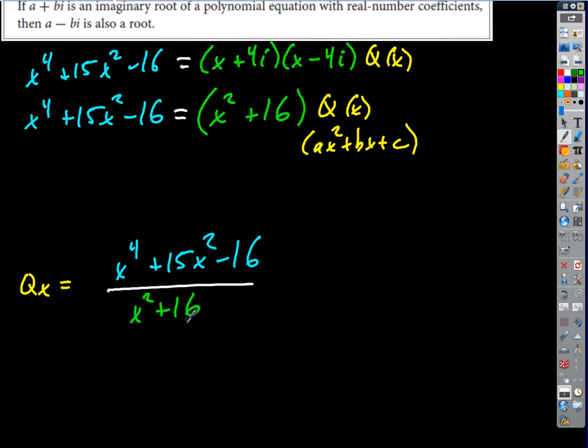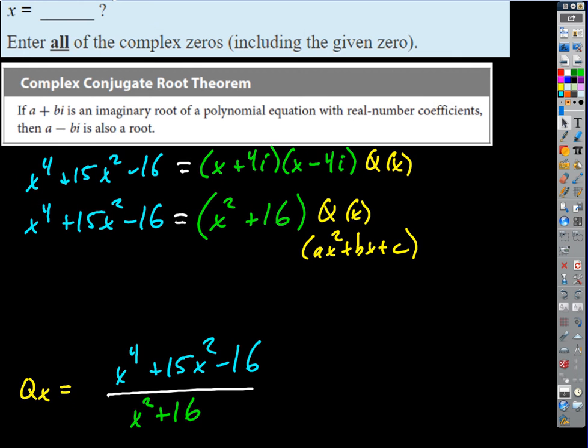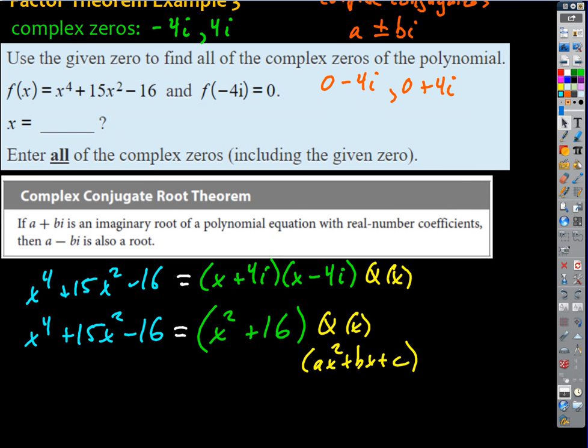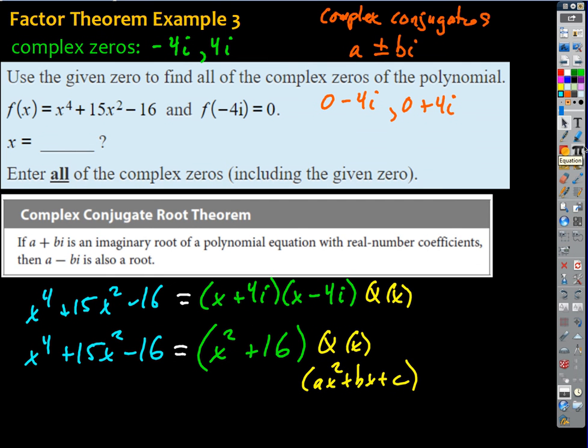Okay, so we've done a lot of stuff, taken a lot of detours to get here, but before we go any further, let's put this all in perspective, because this really isn't that long a problem. I was given one complex zero. So I know if I'm given one, I'm given its complex conjugate also. So I now know two of the complex zeros.